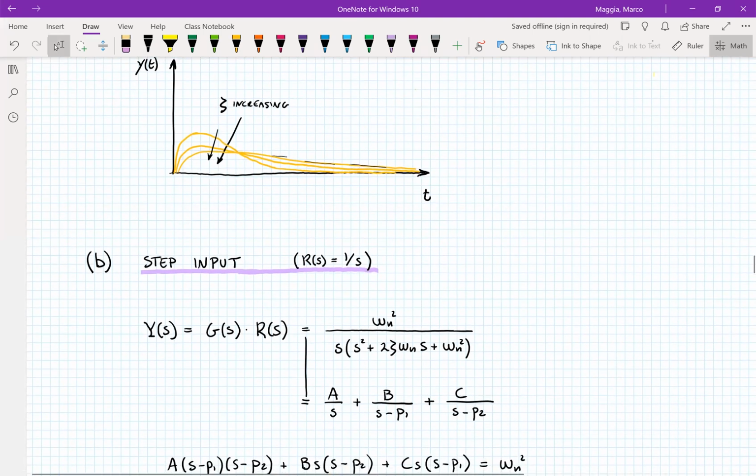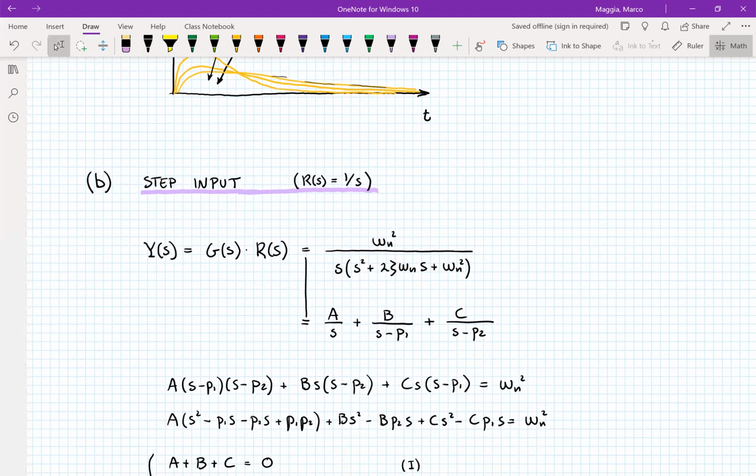Now there would be the case for the step input. So what we want to do is to repeat the same analysis, but now considering a slightly more aggressive input. The step input in the S domain is 1 over S. So the output, being always equal to the transfer function times the input, has now an extra pole because we have a third order or third degree polynomial as denominator.